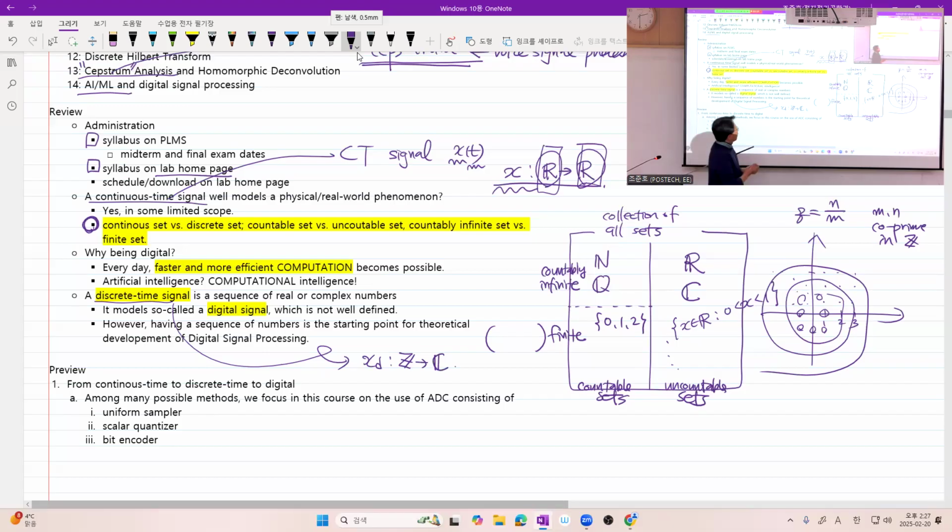So it's a function from Z into C. Here Z is the set of all integers, which is a countably infinite set, and this function, when used, may have this bracket enclosing the index. And this index may mean some time instant. For example, 0, 0.1, 0.2, 0.3 microseconds.